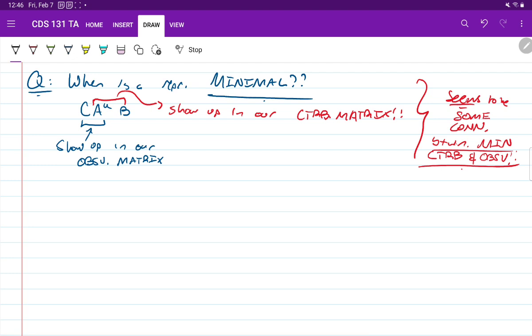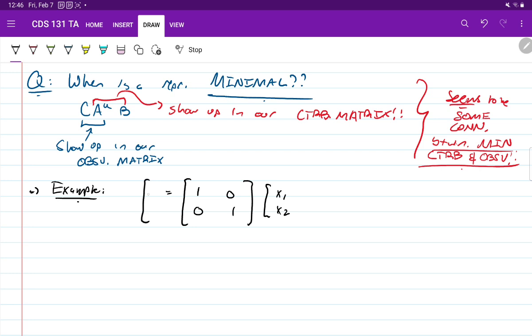So let's sketch out a couple examples to see if we could figure out what's really going on. So let's consider an example. I want to give you a system that is uncontrollable and unobservable, all right? And I'm going to ask you if that system is a minimal realization. So let's go ahead and consider the system x dot equals, let's say, [1, 0; 0, 1] times x1, x2.